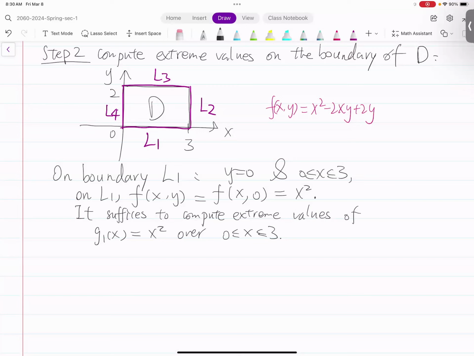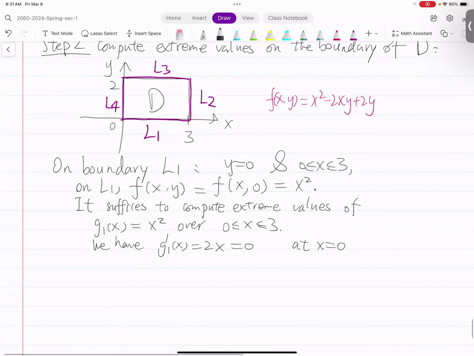And then here, as the interval, we only have endpoints as the boundary points. So g1 prime equals 2x, and we set it equal to 0. So this is attained at x equals 0. So this is the critical point.